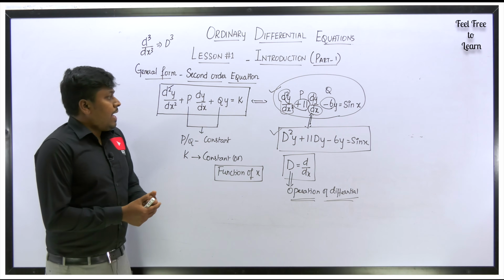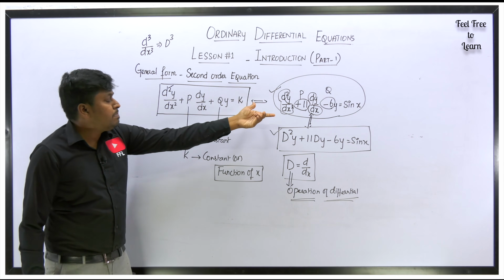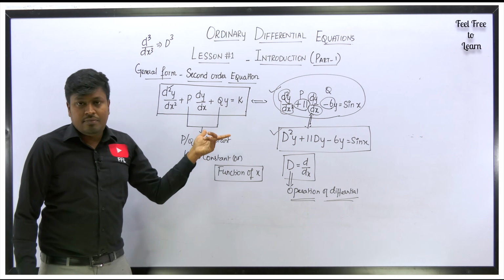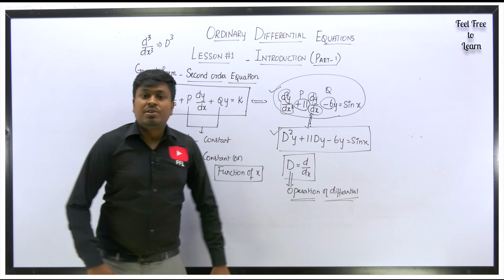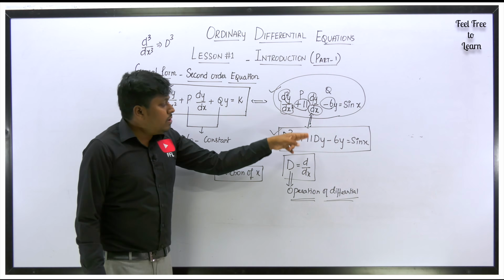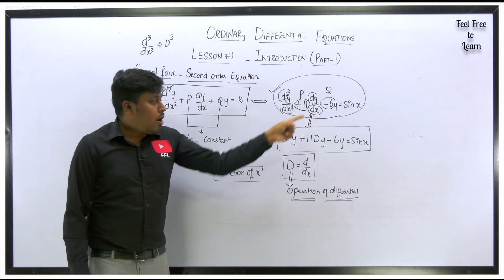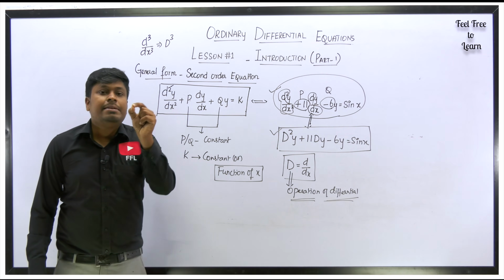And then I have taken one example question from this topic, and I have explained it by comparing with the general format. So it's equal to k. You can see this is called a function of x. And secondly, the same question can also be expressed in this way. And how have they expressed it in this way? Where capital D is called d by dx.